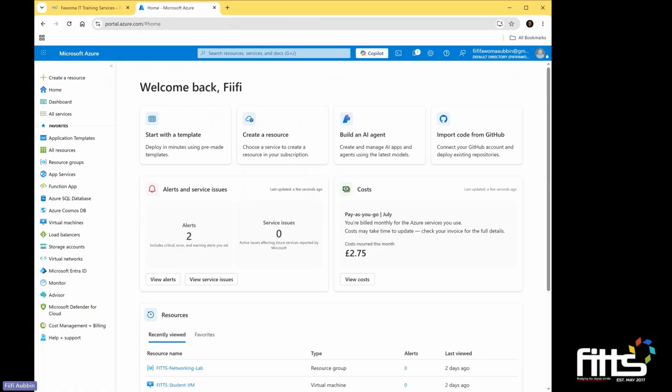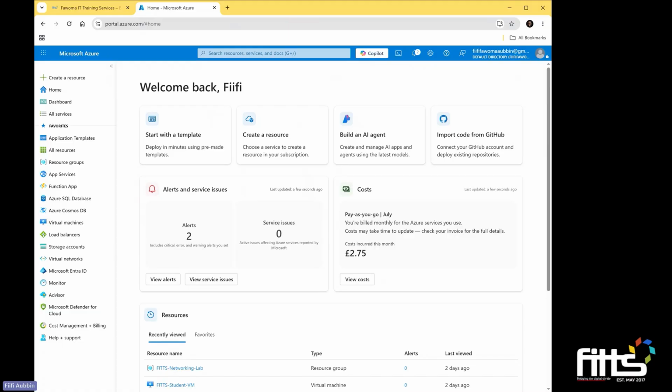We also learned that Azure Advisor continuously analyzes your Azure environment and recommends improvements across cost, security, reliability, operational excellence, and performance.